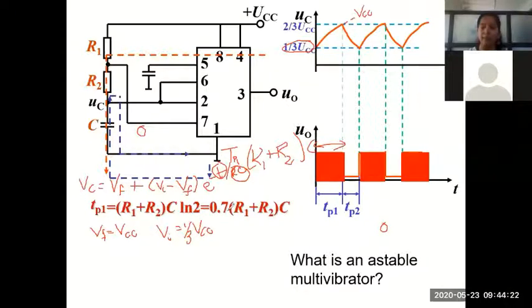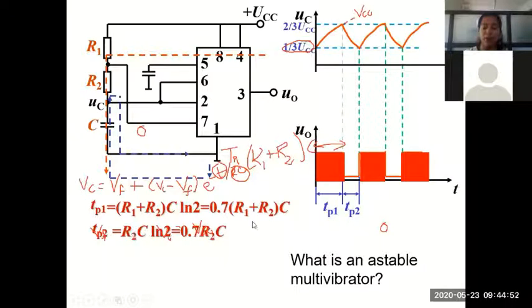You get 0.7, or exactly, 0.693. So the expression for TP1, the on time, is 0.693 (R1 plus R2) into C. Please remember this. Next, let's try to get the expression for TP2.